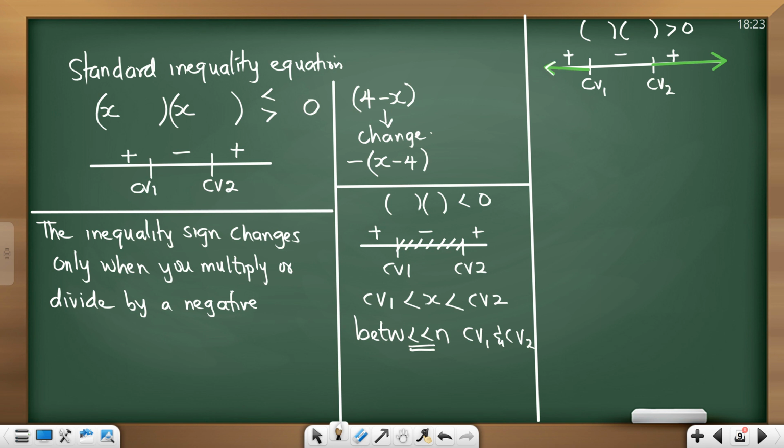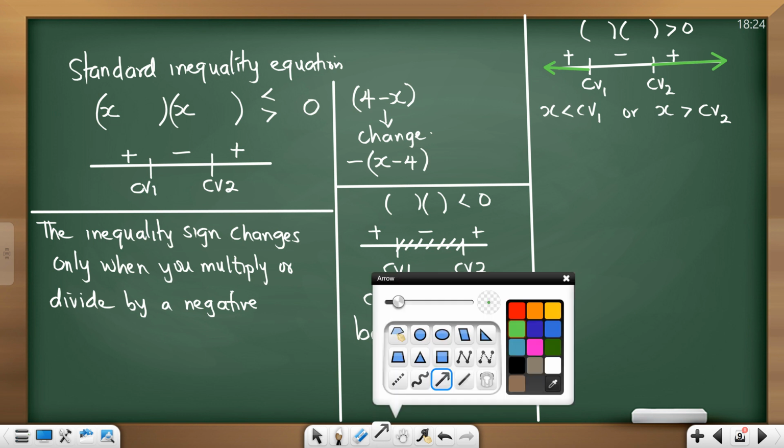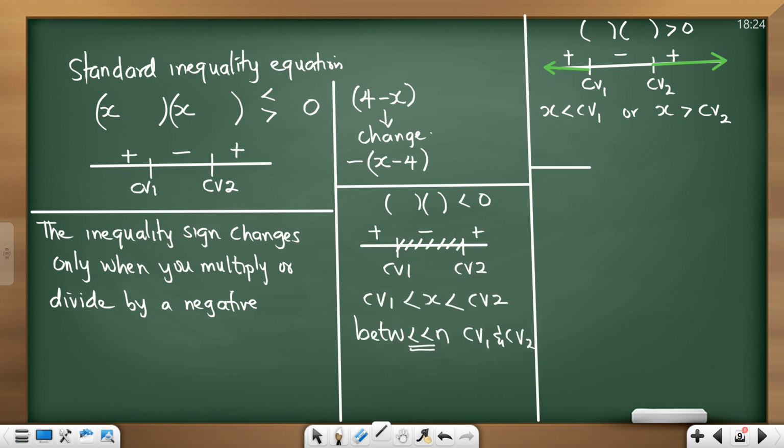Look at the arrow here. That's going to tell you the sign of your inequality. X will be less than CV1 or X will be greater than CV2. The shape of that arrow gives you your inequality sign.